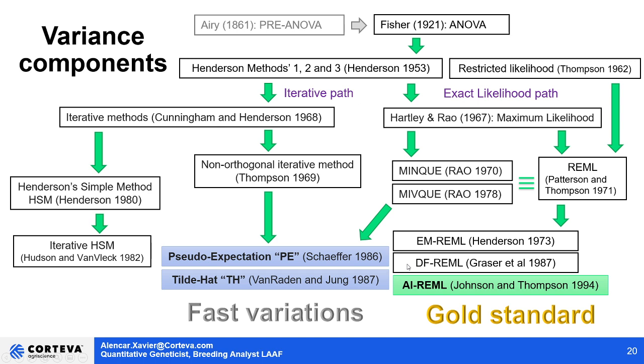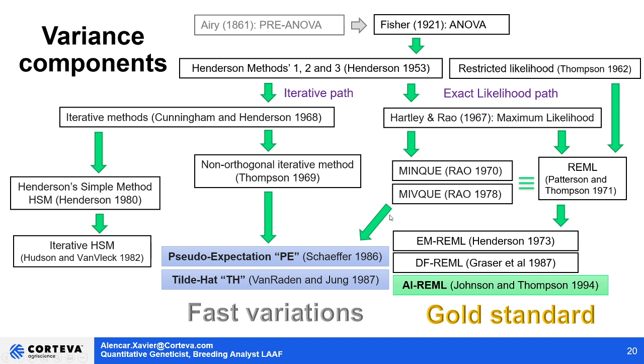And one of the most modern implementations of REML is the average information from Johnson and Thompson from 1994, which is implemented in software such as ASReml, BLUPF90, and others.